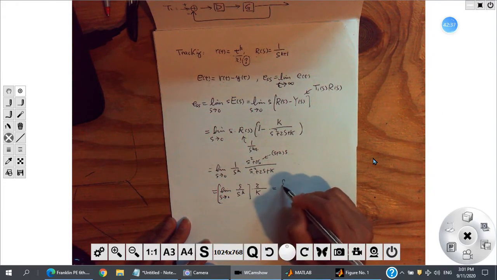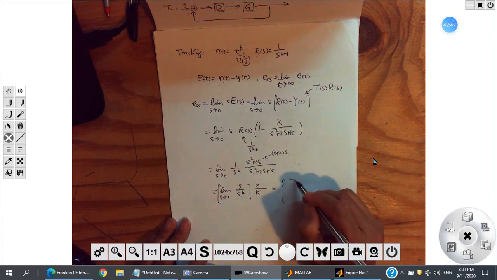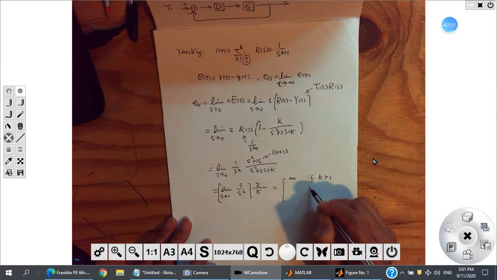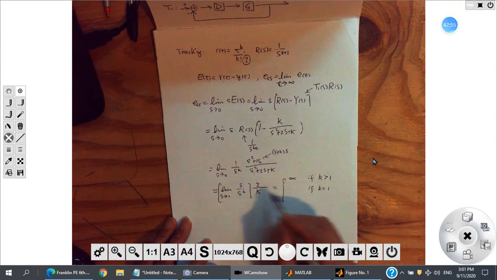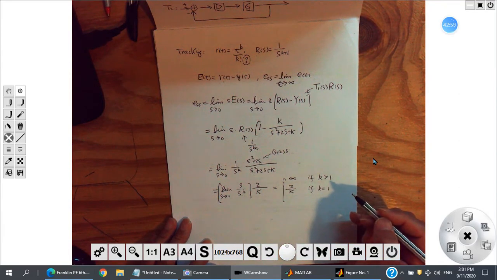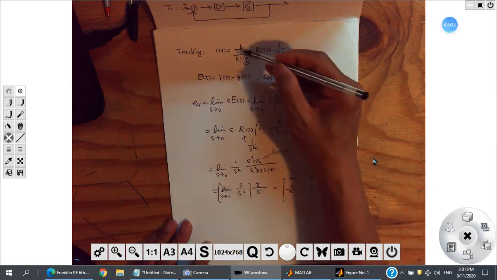So we have three cases. If k is larger than 1, then S tending to 0 gives us infinity. If k is 1, then they cancel, so I have 2 over capital K. Oh, I have two K's. The capital K is the feedback, and the lowercase k is the power in the t.